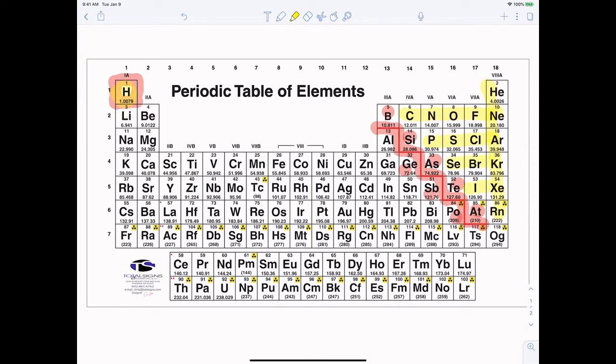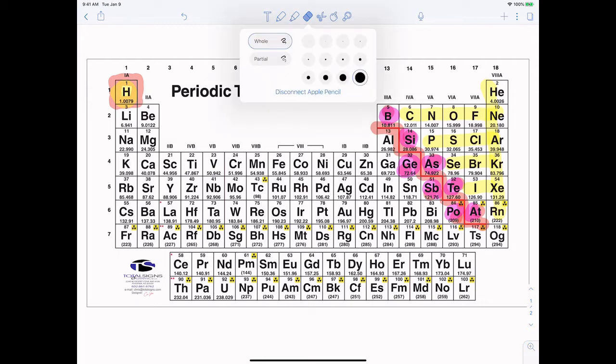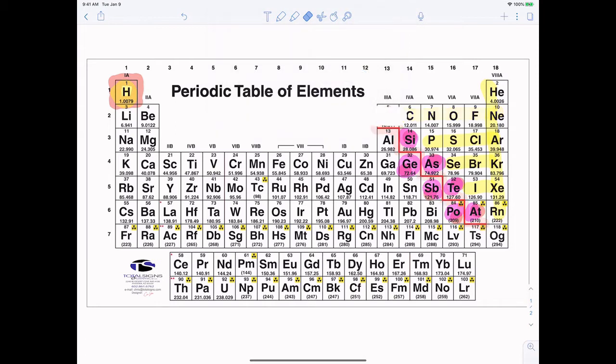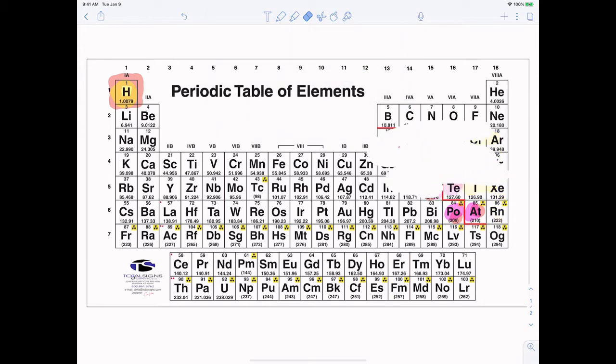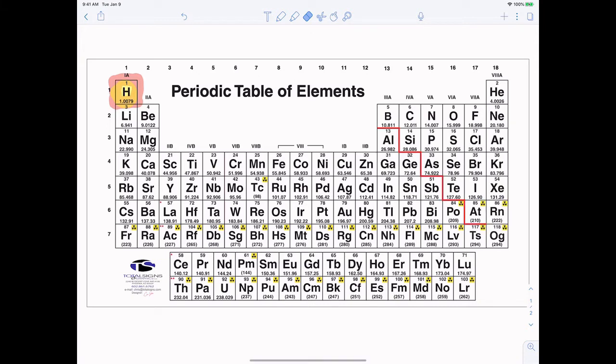And then semi-metals, these are all of these ones. So again, just be familiar with the different sections and be able to give me examples there. I'm going to erase all this. The next section I want to talk about is we're going to differentiate between main group elements, transition metals, and intertransition metals. So I want to divide this up again here.